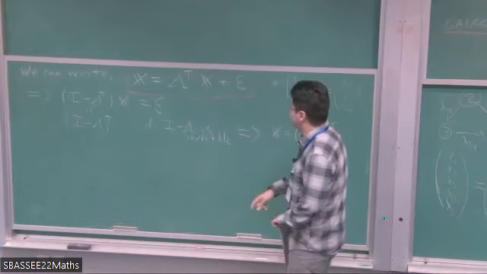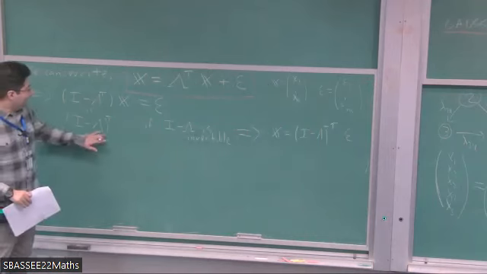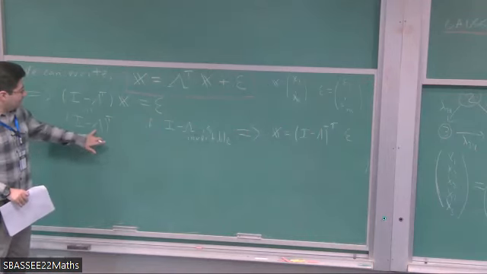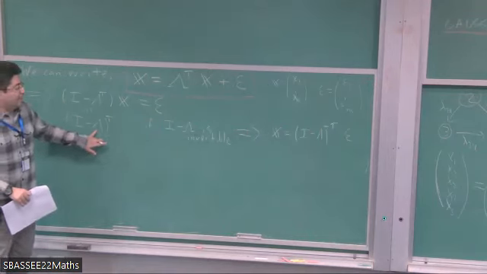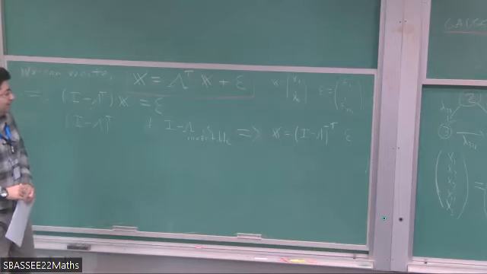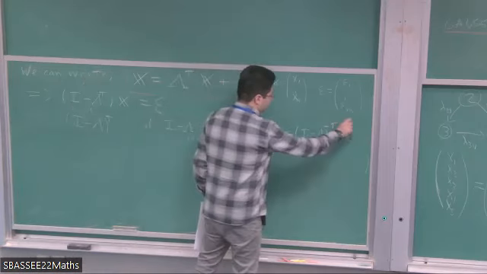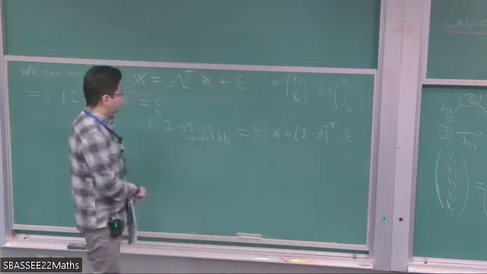Here I'm using that this matrix is going to be invertible if and only if the original I minus lambda is invertible, and then the inverse of the transpose is the transpose of the inverse. So then this looks like this.